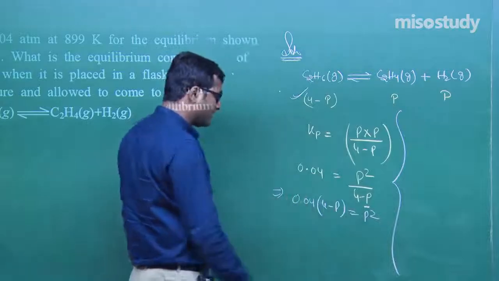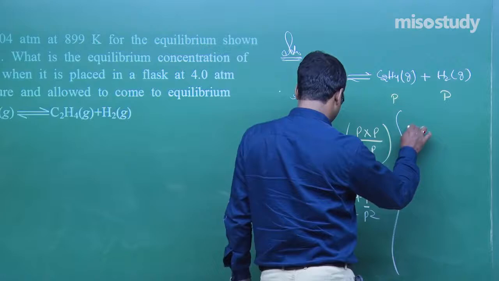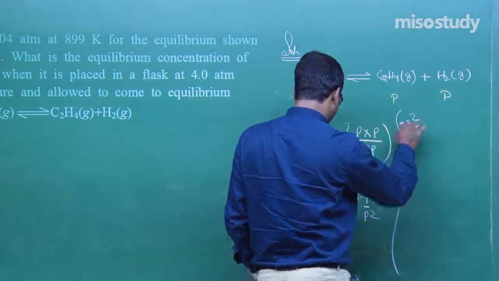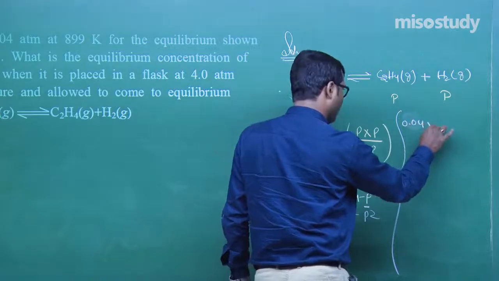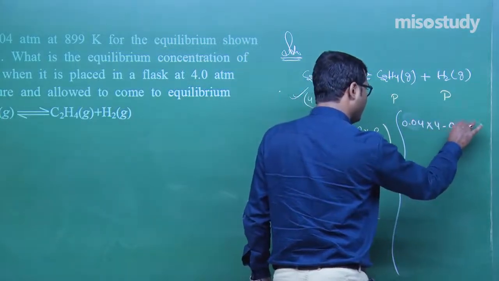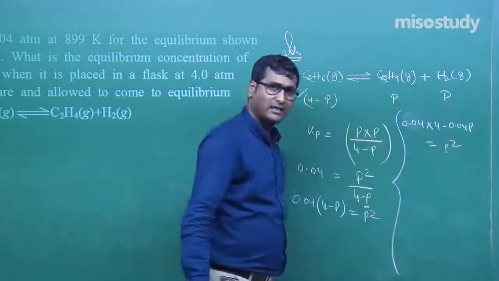Clear? Now multiply them. Wait for a moment. First of all let me write down. 0.04 into 4 minus 0.04 into P equal to P square. Am I right? Yes sir.